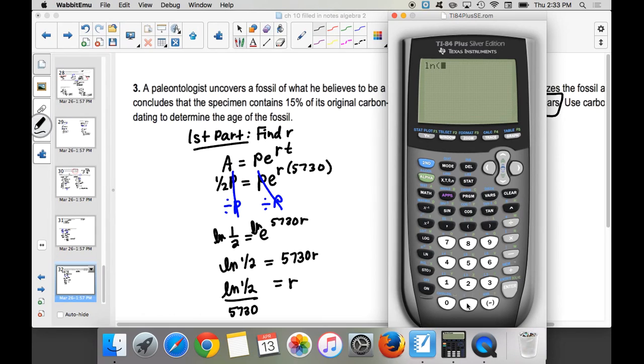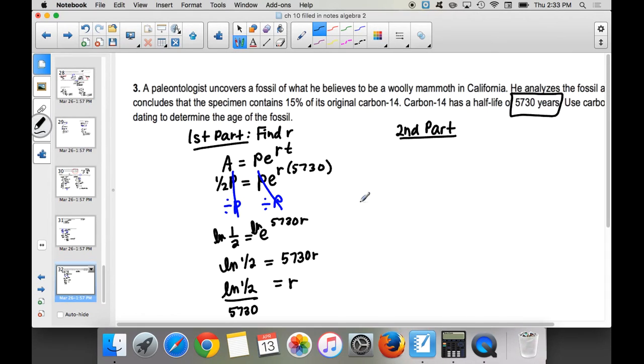So we get natural log of 1/2 or 0.5, and we're dividing by 5,730. We do get negative 1.2096 something. So we'll say negative 1.21 times 10 to the negative 4. That's our rate. That's the rate of decay for carbon-14 always. It's always that because it always has that half-life.